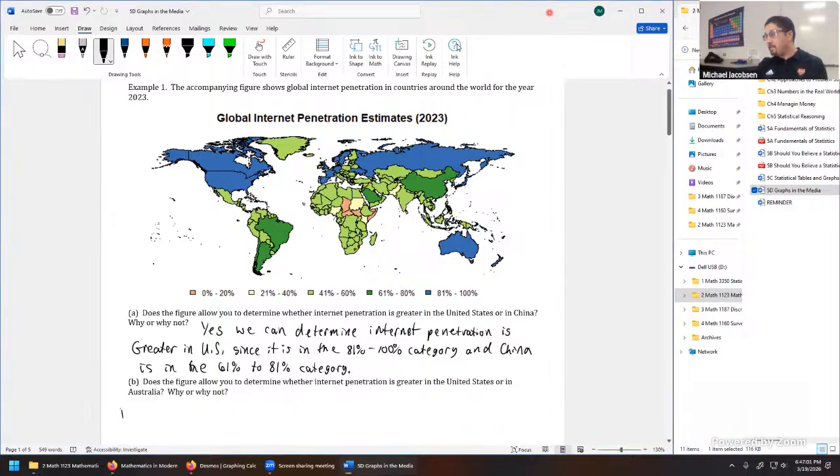Both United States and Australia are in the 81 to 100% category.